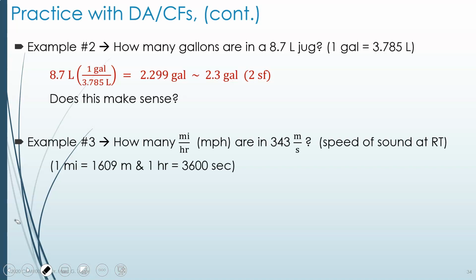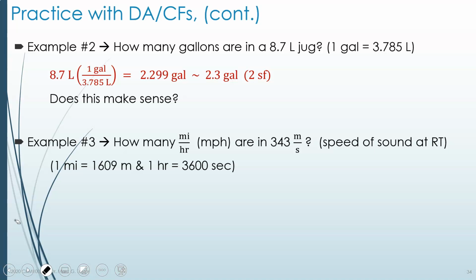Here's another one, but now we're asked how many miles per hour. We always write mph, but I highly recommend you convert that to miles, mi, over hour, hr. How many miles per hour are in 343 meters per second? So we're converting both the top unit and the bottom unit. So in this case, you have to do 2 conversions, one to convert the top unit and one to convert the bottom unit.